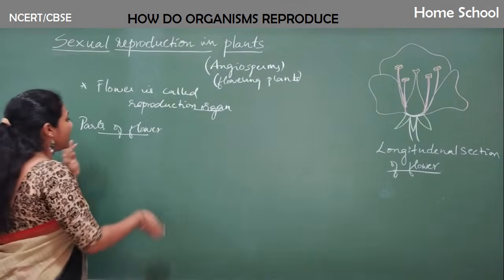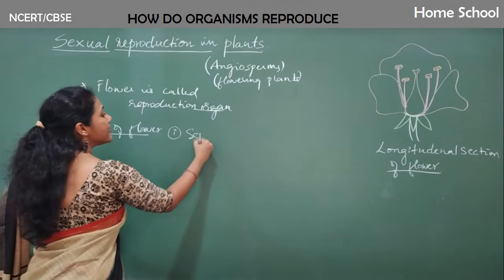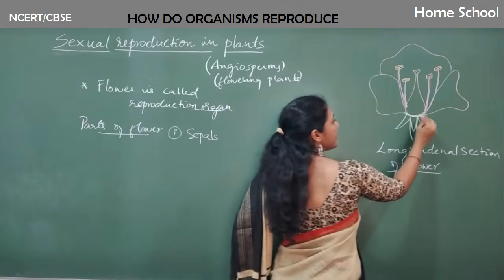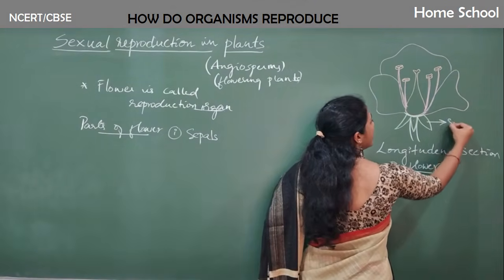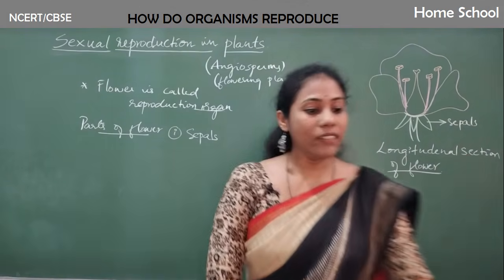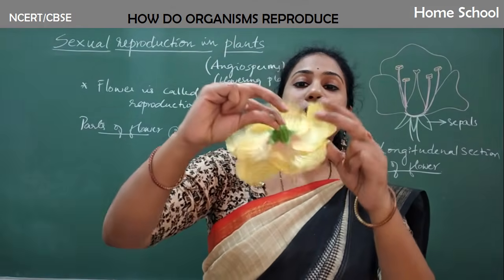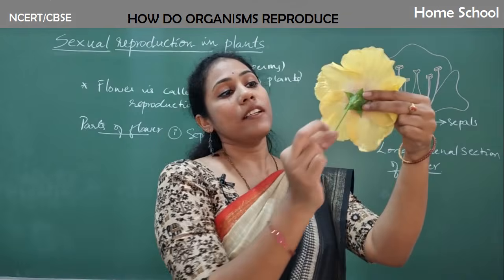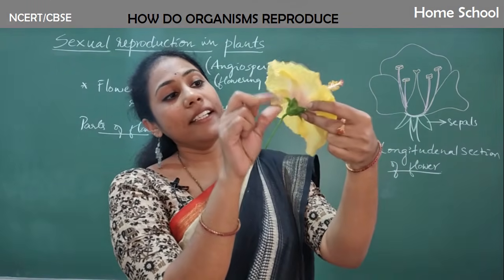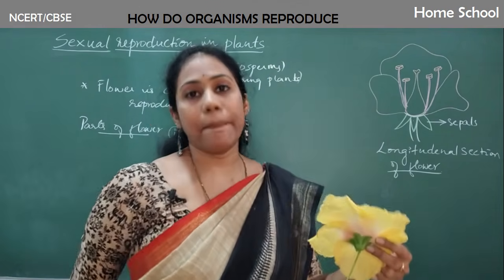I will start naming the parts one by one. The first part here is sepals. What do you mean by sepals? These are called sepals. And this is the stalk. Say I have a colorful flower here. We call this portion the stalk, and these green-colored things here are what we call sepals.